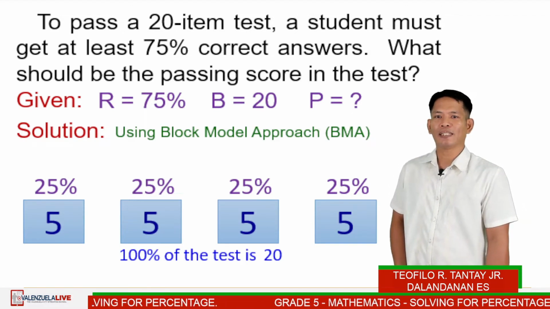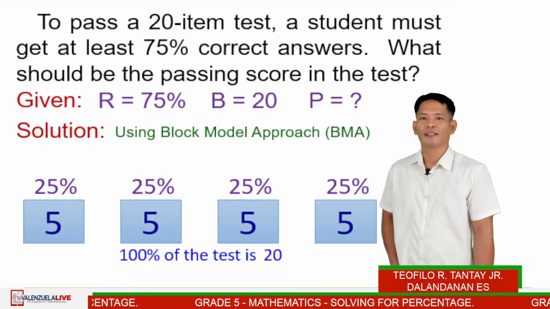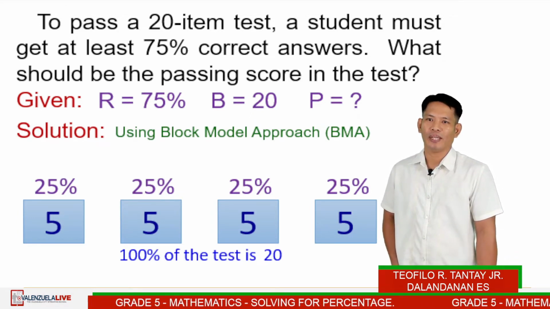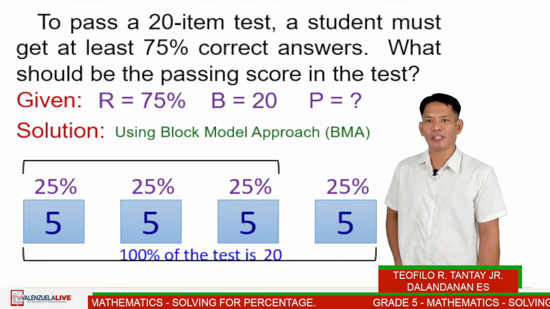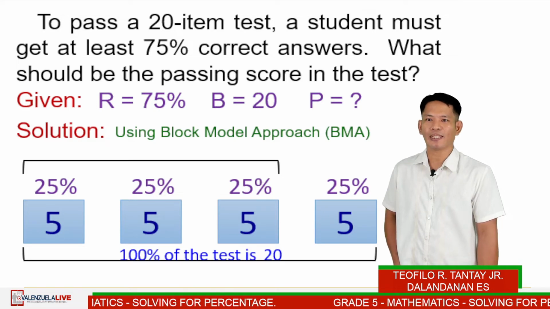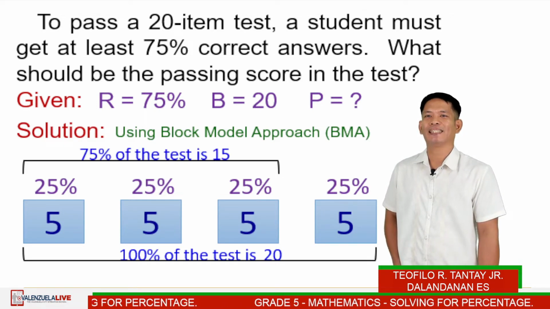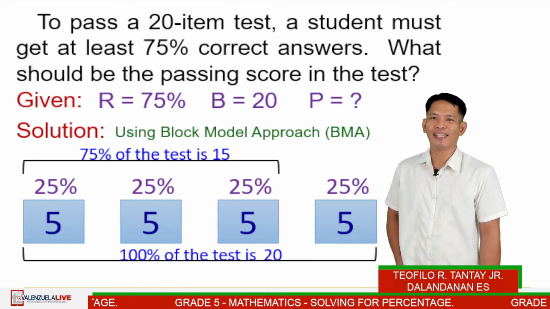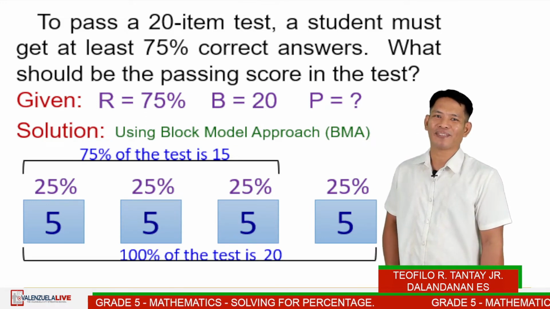This represents 100% of the test, which is 20 items. And to find the 75%, this represents the three blocks, which is 5 plus 5 plus 5, which is equal to 15. Therefore, 75% of a 20-item test is 15.